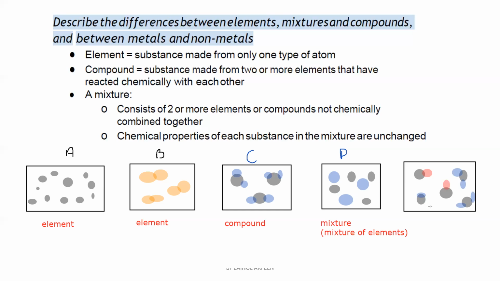They are mixed with each other. So when different types of compounds are mixed together, we also call that a mixture. But this is actually a mixture of compounds. Is it clear now? The difference between the element, the mixture, and the compound. Any doubt in this?